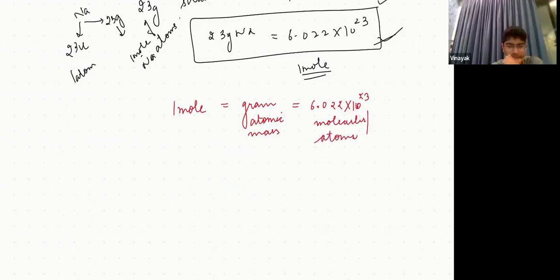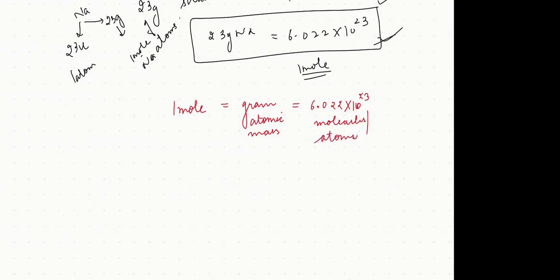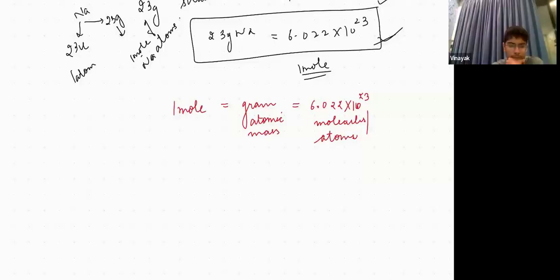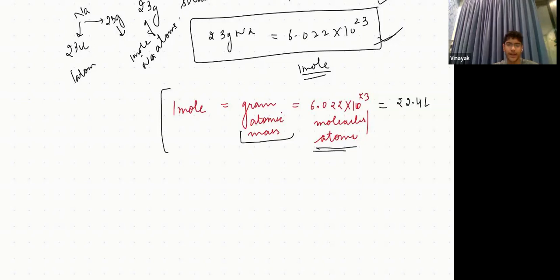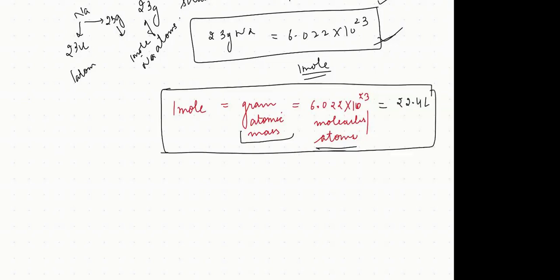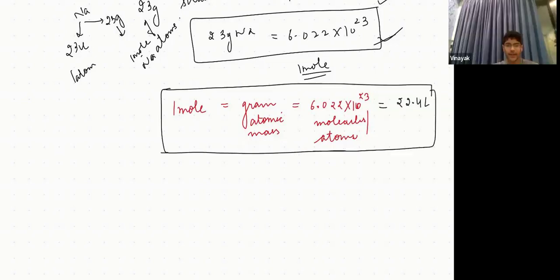Any doubt in this? So basically, 1 mole will have this much gram atomic mass and these many molecules. And in case of a gas, it shall be 22.4 liters at NTP.